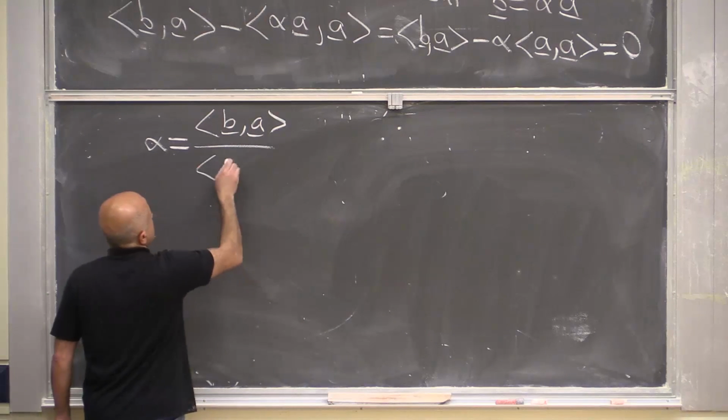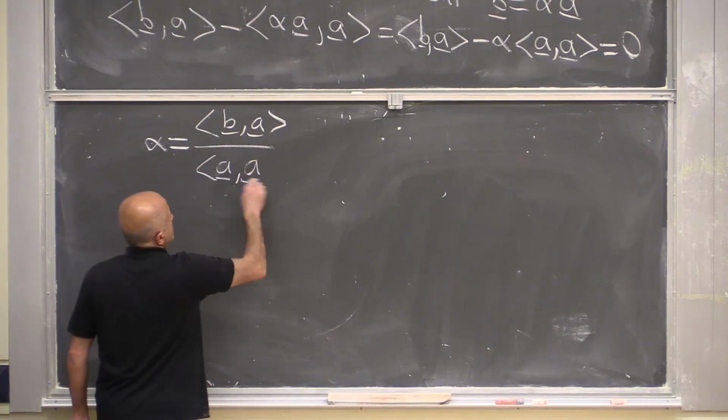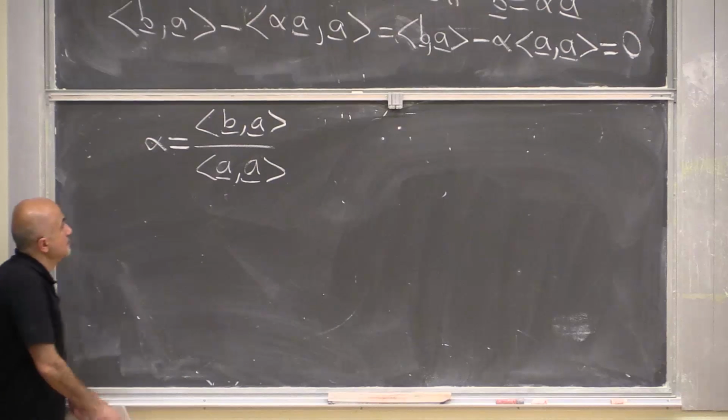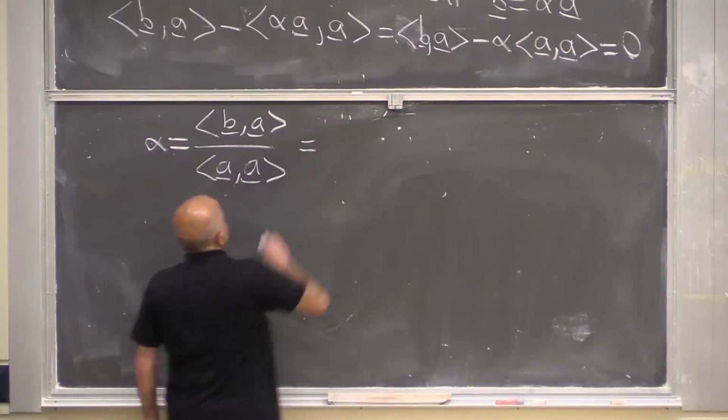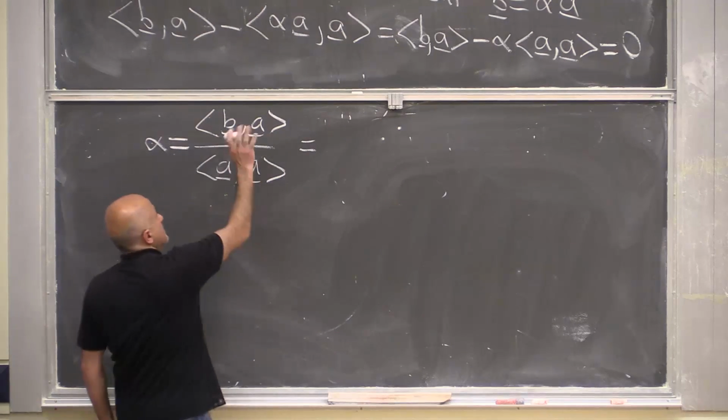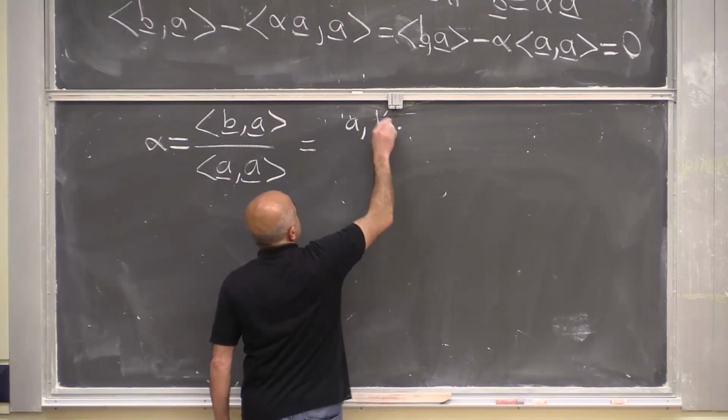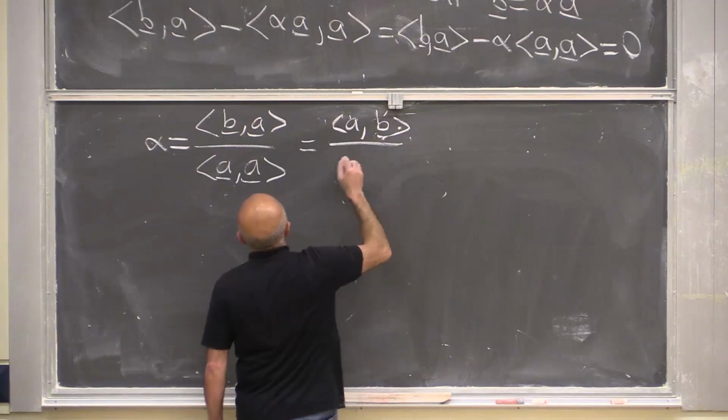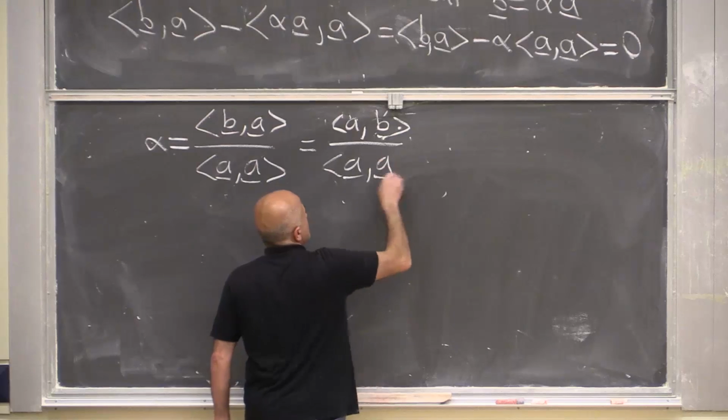A and A. And I got OCD. I don't like B before A. So I'm going to put A, B. It's up to you, whichever one you want to keep.